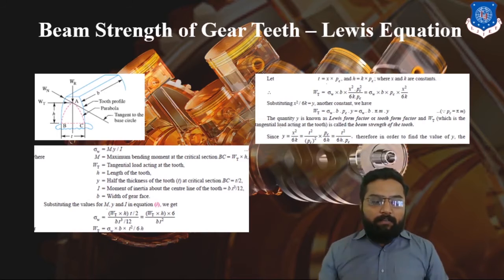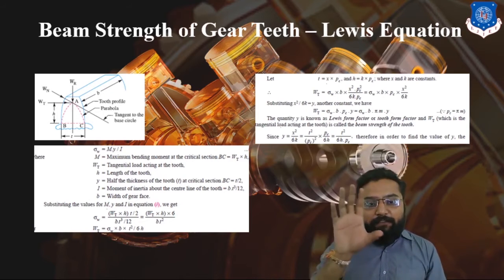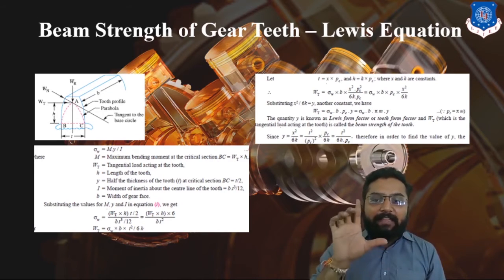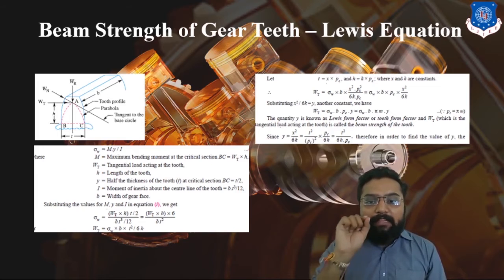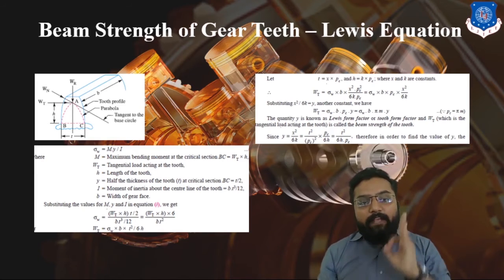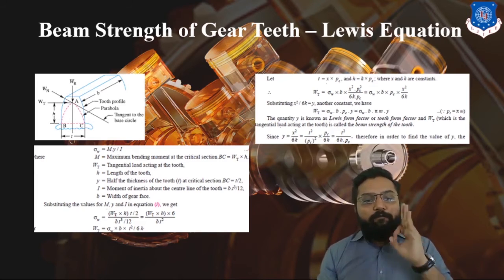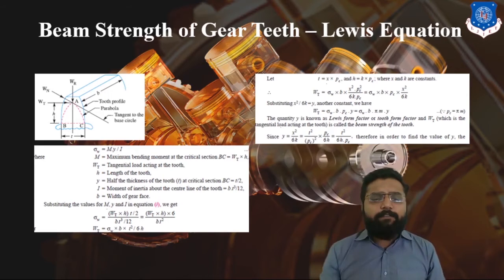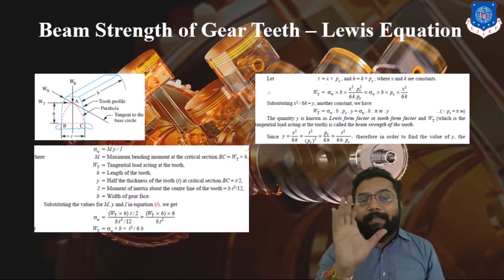Here we will convert that x square upon 6k into some quantity which directly affects our gear, and that is called y, and this y is nothing but the Lewis form factor. This Lewis form factor will always depend on the module and teeth of our gear.